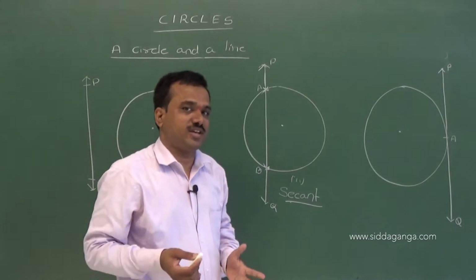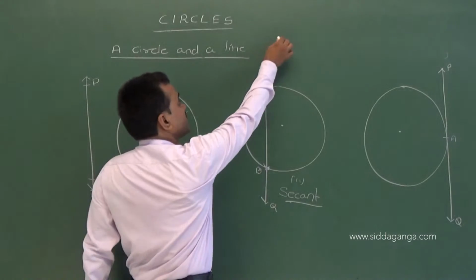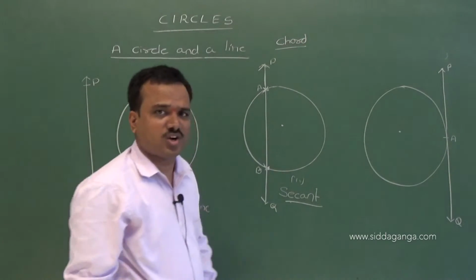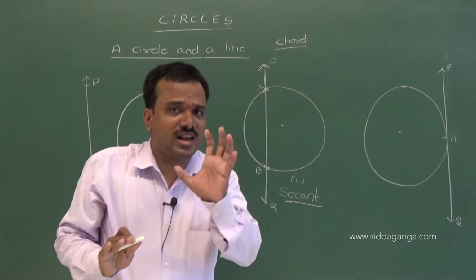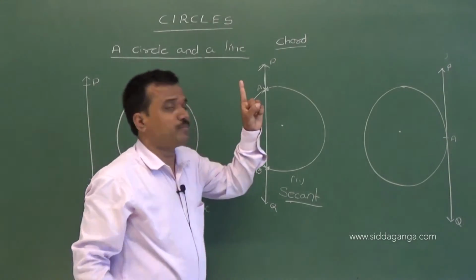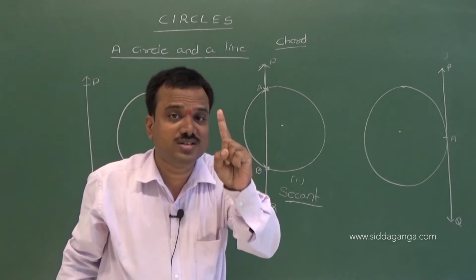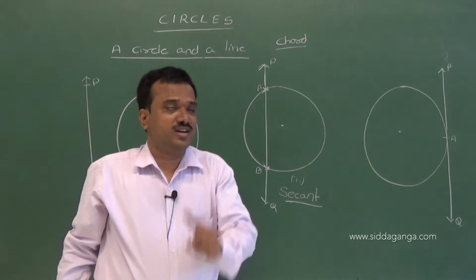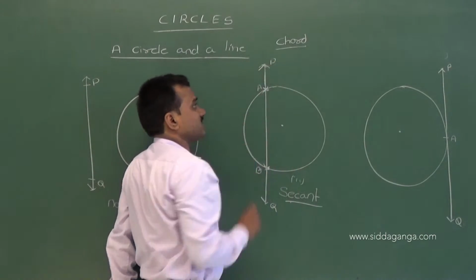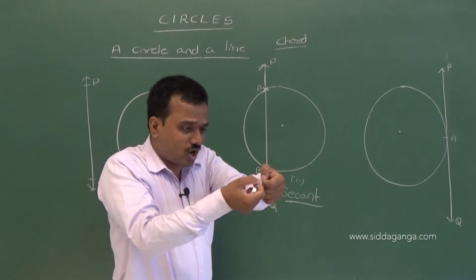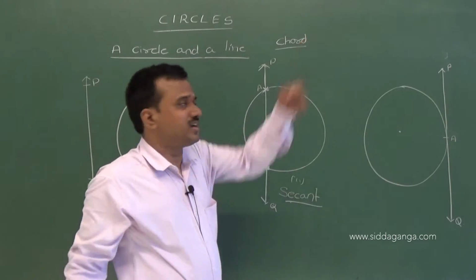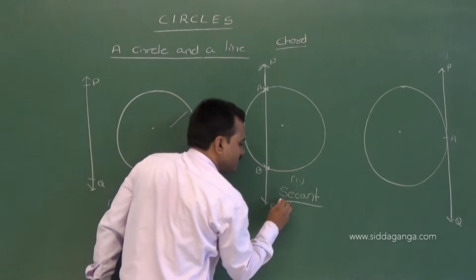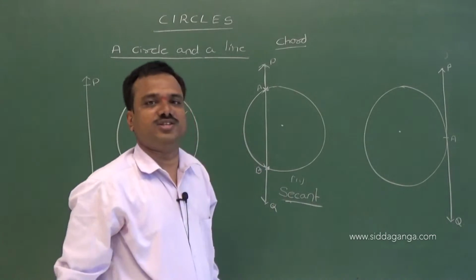In another way, we already discussed the chord. Just now I explained the chord. A chord means a line segment whose end points lie on the circle. A chord is a straight line whose end points lie on the circle. If the chord extends infinitely, then that is nothing but a secant.